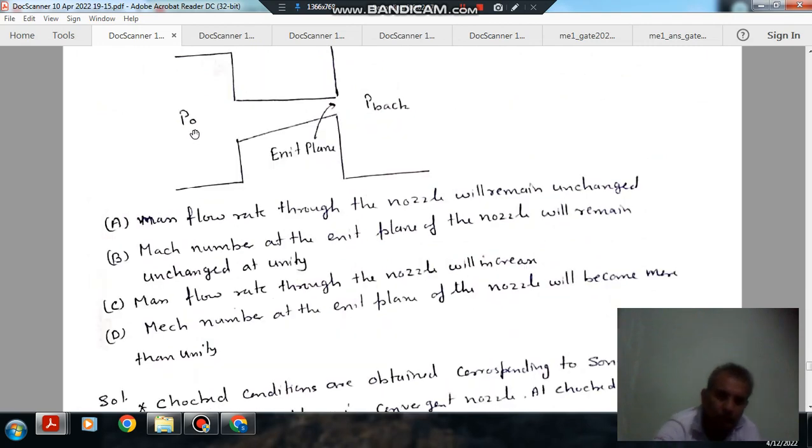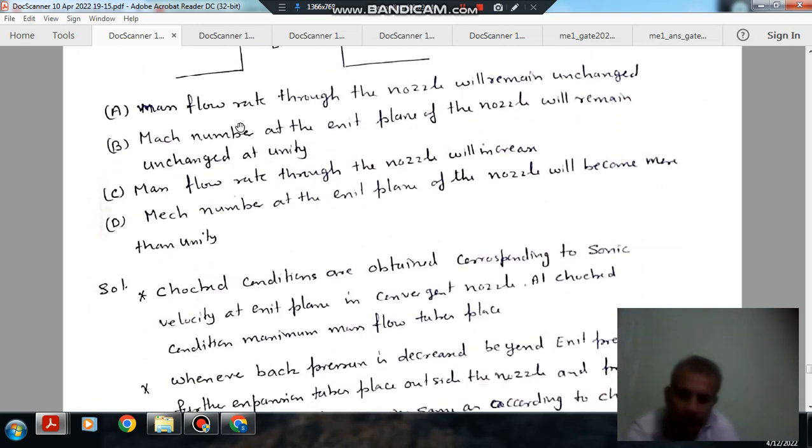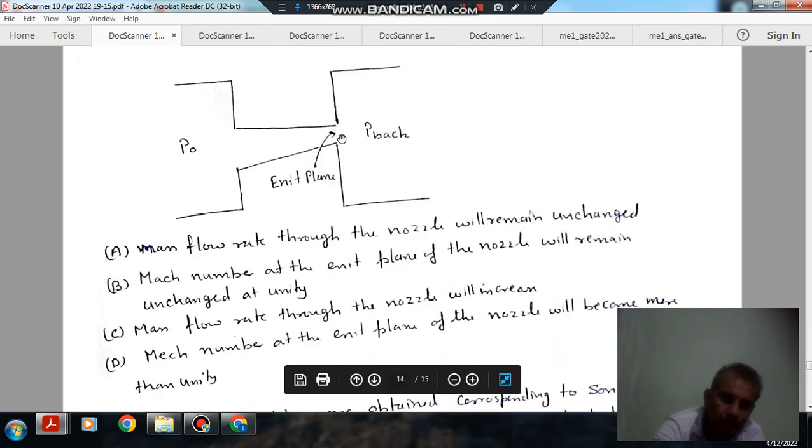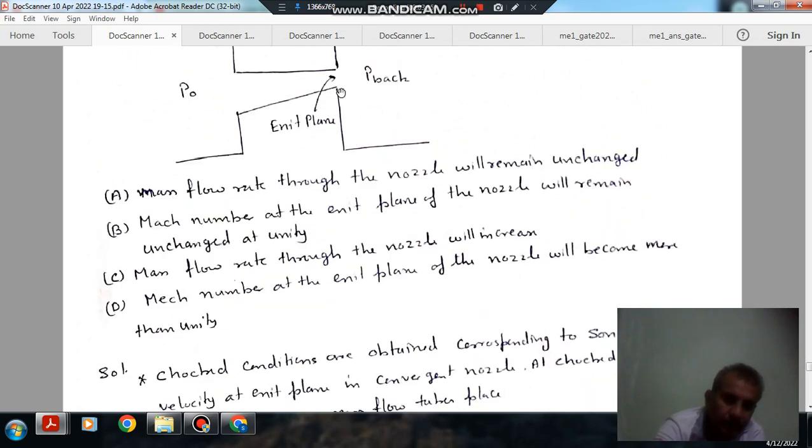So this corresponds to a particular ratio of P naught and P back. When the back pressure is decreased, the expansion from P naught to the exit pressure takes place within the nozzle, and the further reduction down to the back pressure takes place outside the nozzle.